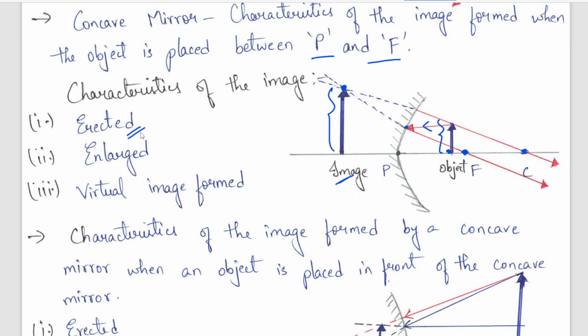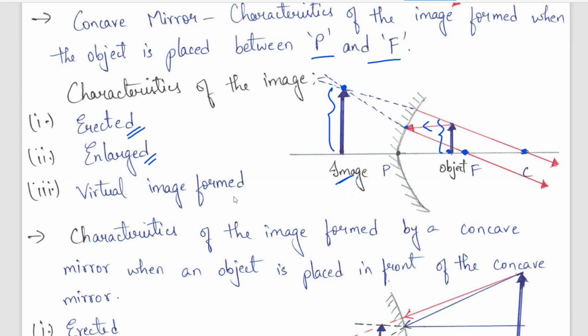Firstly, it is erect, in the sense that it is in the same position as the object, so it is not inverted, it is upright like the object. Second characteristic is enlarged, that is, it is increased in size than the original size of the object.